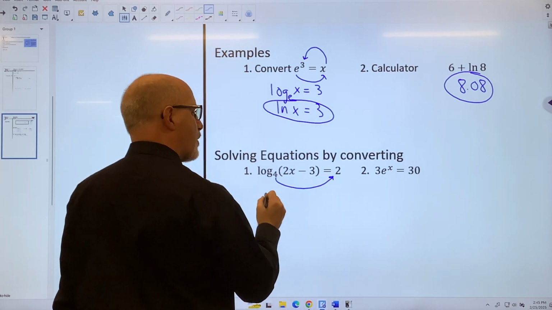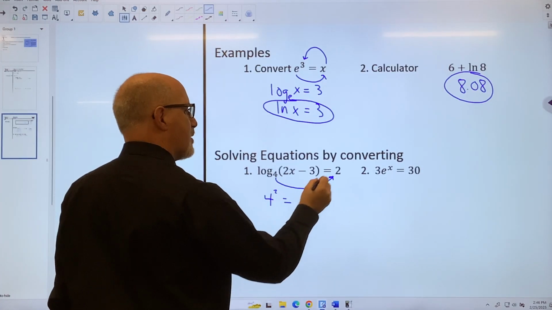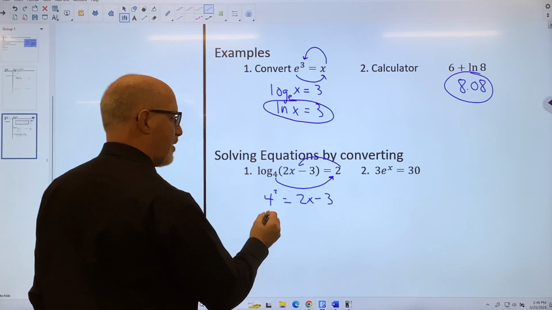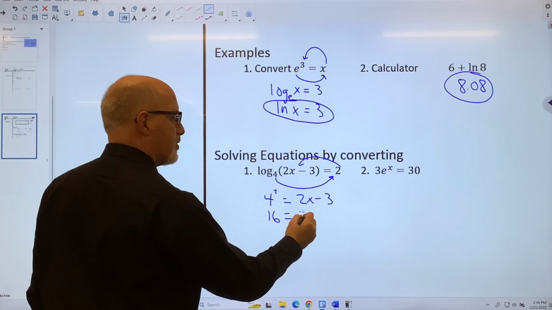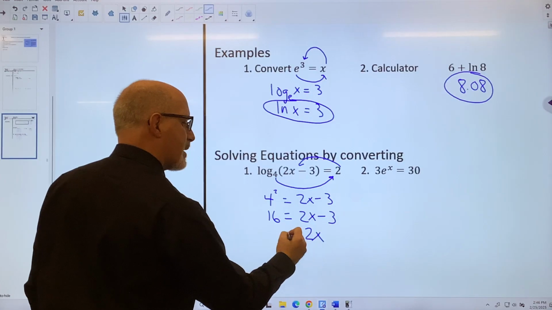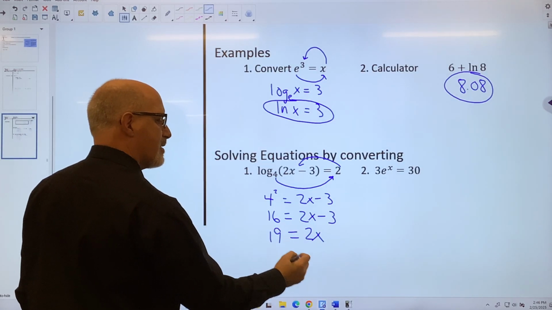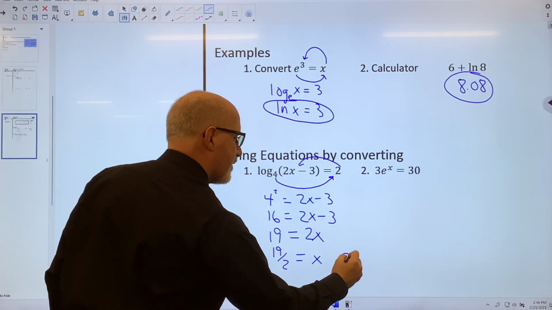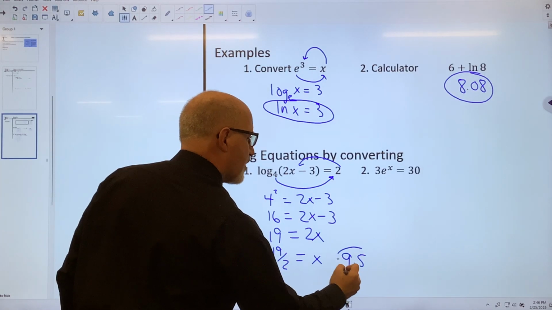So we're going to have 4 to the second is equal to the inside, 2x minus 3. And we're going to solve that. That's 16 equals 2x minus 3. Add 3 to both sides, you get 2x equal to 19. Divide by 2, you get x equal to 19 halves, which is 9.5. So 9.5 is our answer.